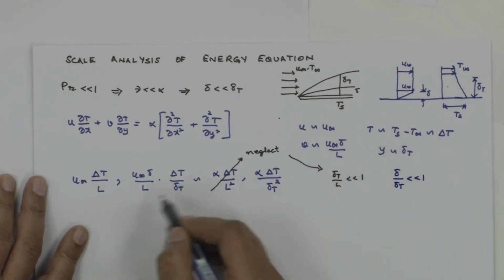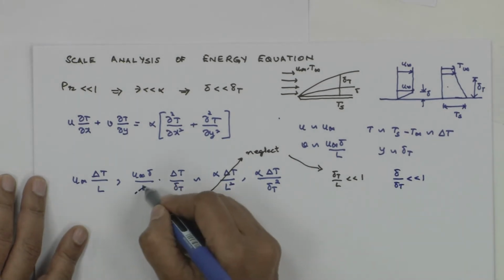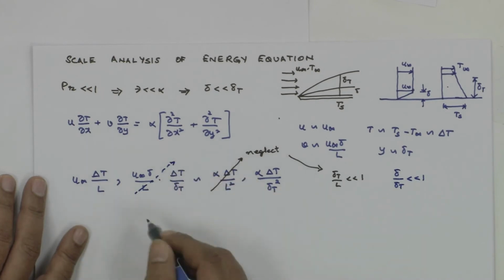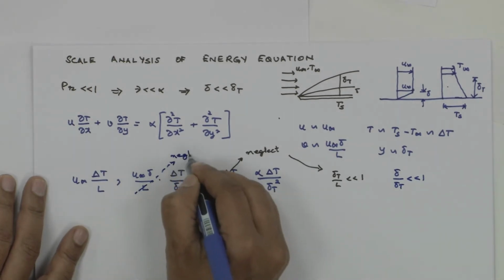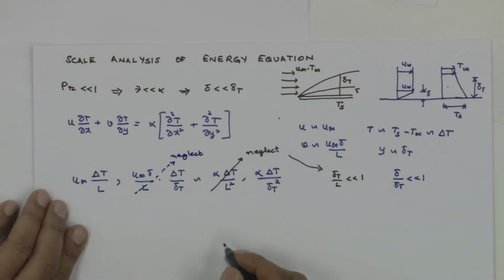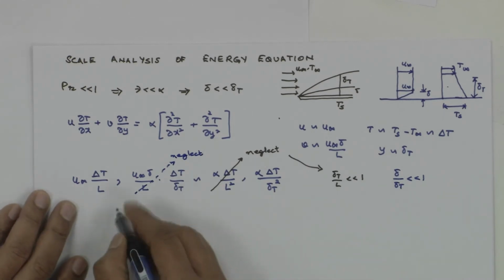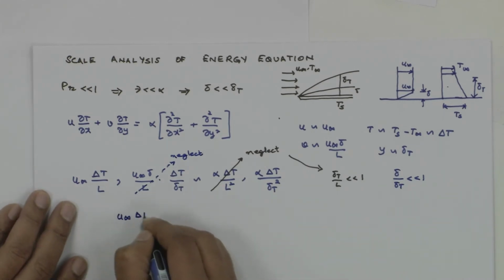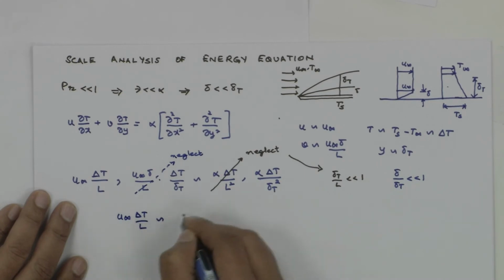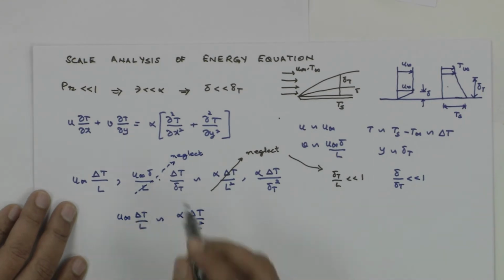So the second term on the right hand side also can be neglected because delta by delta T is very, very small. So left hand side is U infinity del T by L is of the order of right hand side alpha del T by delta T squared. So delta T cancels out.